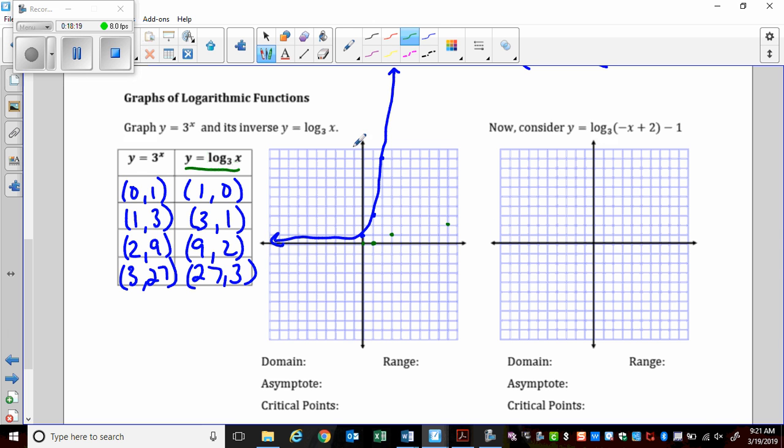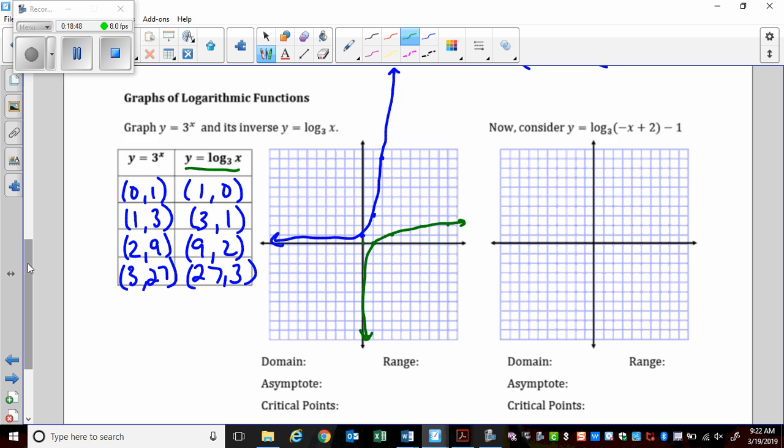And remember our asymptote is going to be x equals 0 this time, so it's going to be something like this. So it goes up very slowly, forever. Never touching that y-axis, even though it might look like it.